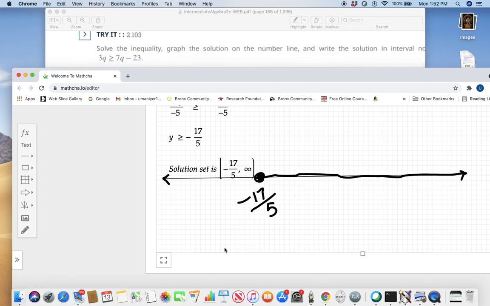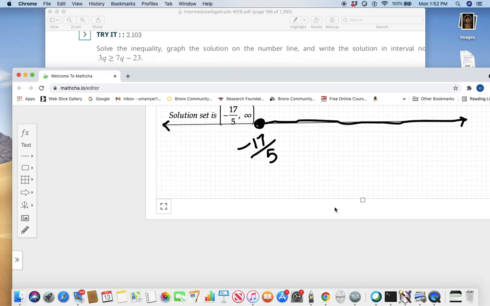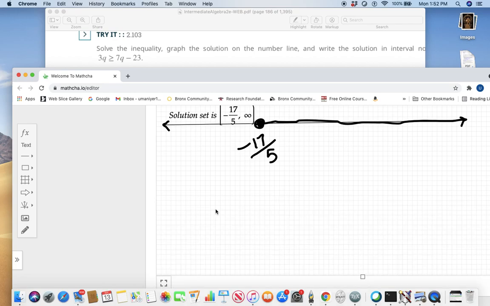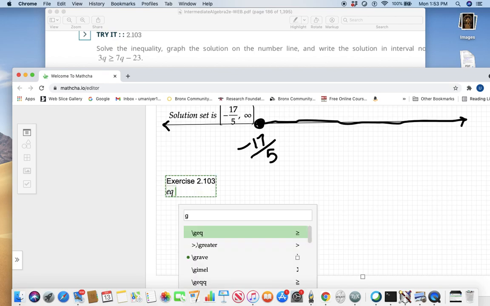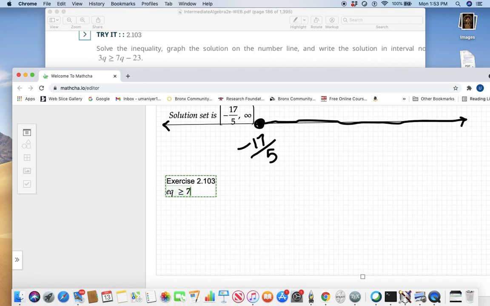Here is another one. So this is problem 2.103. The inequality is 3q greater than or equal to 7q minus 23.